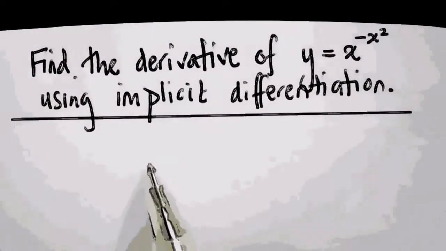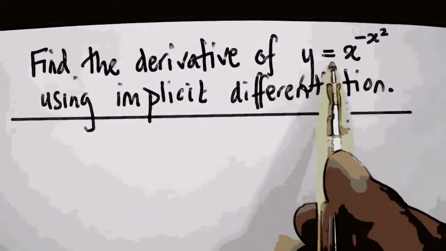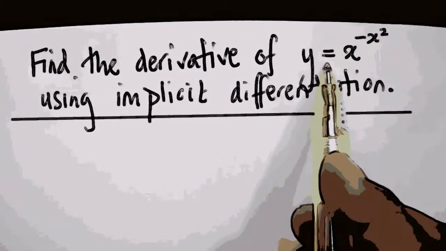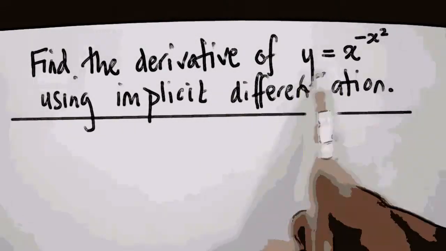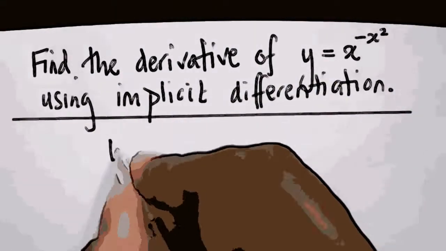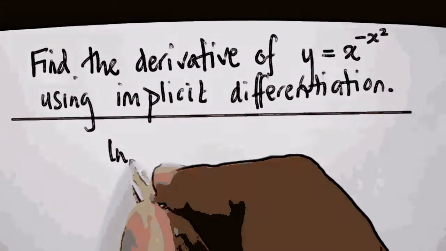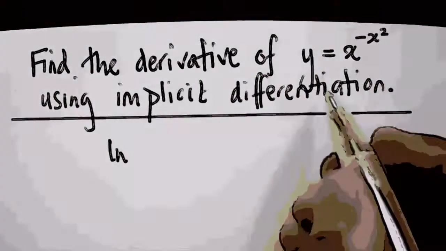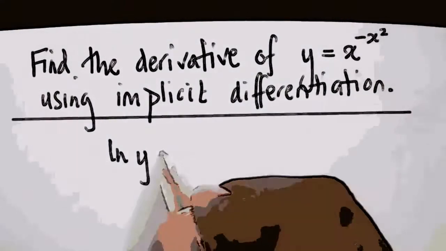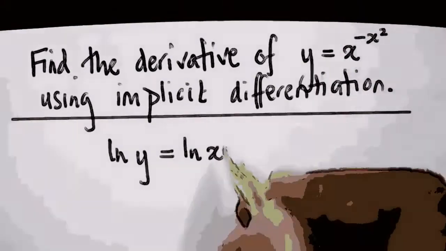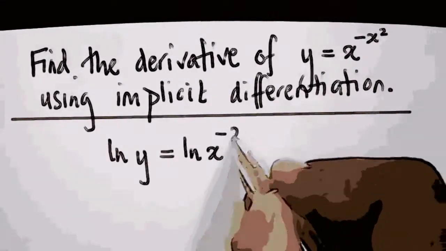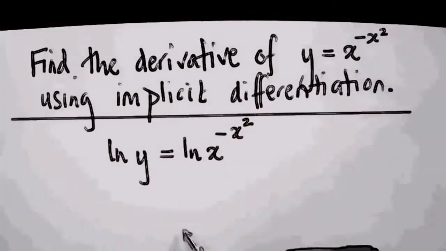The first thing that we do is take our function and apply the logs to both sides. So I'm going to say ln for the natural log. It's going to be ln y equal to ln of x to the power of minus x squared.